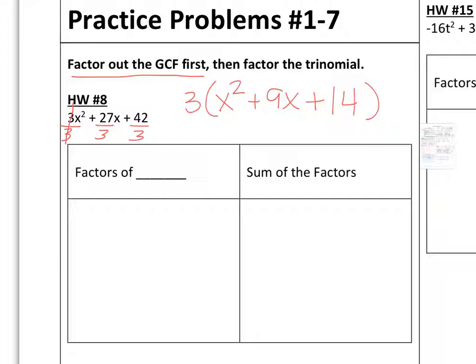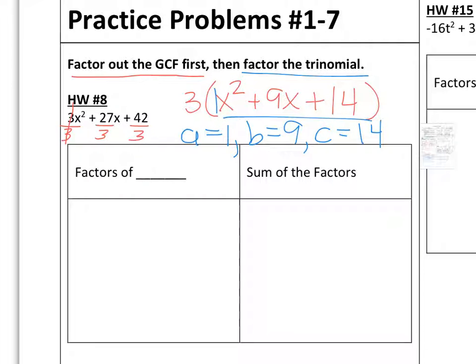So now I've factored out my GCF, but I still have to factor the trinomial that's left. I want to figure out what my a, b, and c are. So the a is that number in front of x squared, which is 1. The b is the number in front of x, 9. And the c is 14. So I want factors of a times c, which is 14, and the sum needs to be the b term, which in this case is 9.